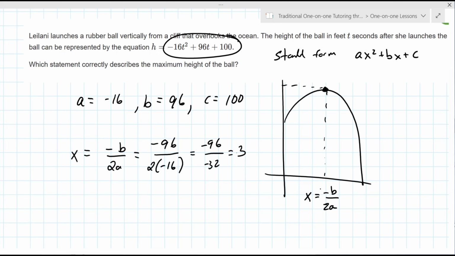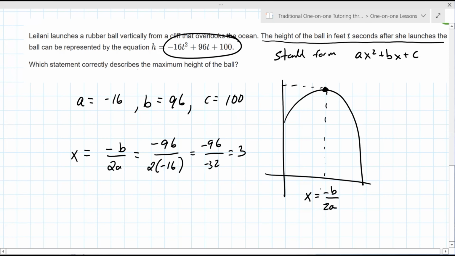Now, what are the units in this problem here? They sort of tell you up here. What are the units of t in this problem? Read this to yourself and see if you can tell me the units of t. 3.